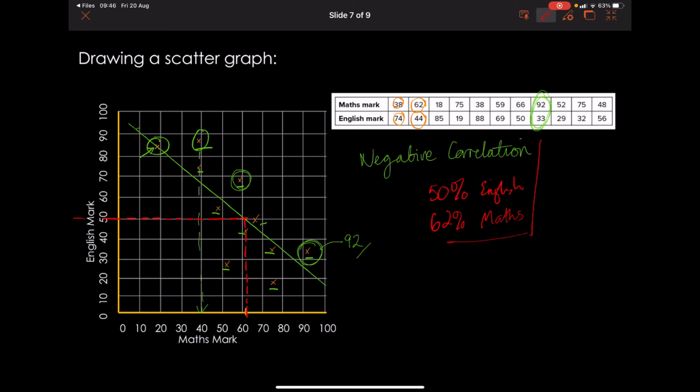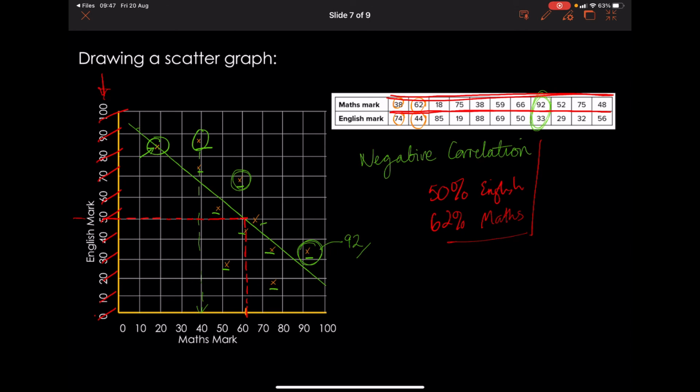You need to just make sure that you do your axes correctly. You can't just write the data. You see here where you've got 38, 62. You can't just write them in as your numbers to go up here. Okay, it has to be in an order. So you could be going up in 2s or 10s or 5s. It depends what data you get.